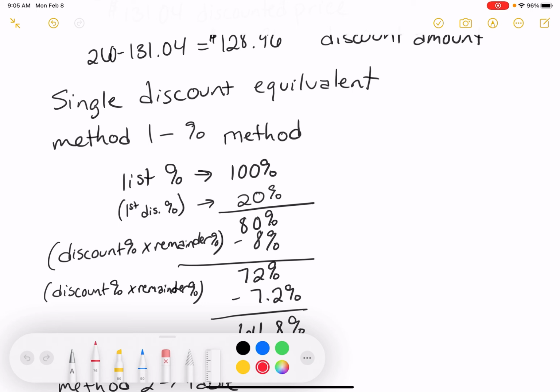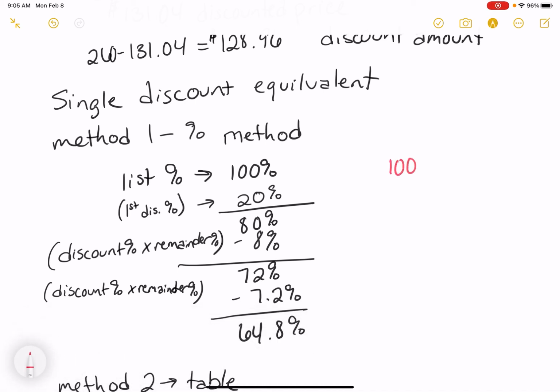Okay, so let's look at C. Using the percent method, let's find the discount amount and the discount price for a series of discounts of 20%, 10%, 5%. So what is the list percentage always? 100%, okay? What is my first series discount? 20. So I'm left with 80%.